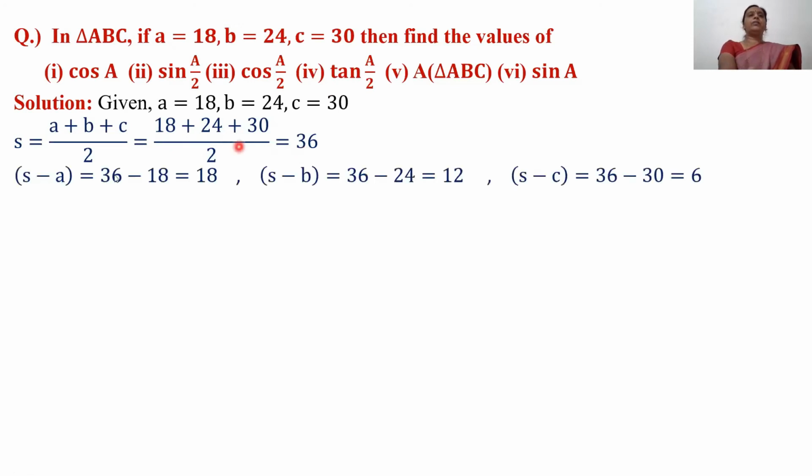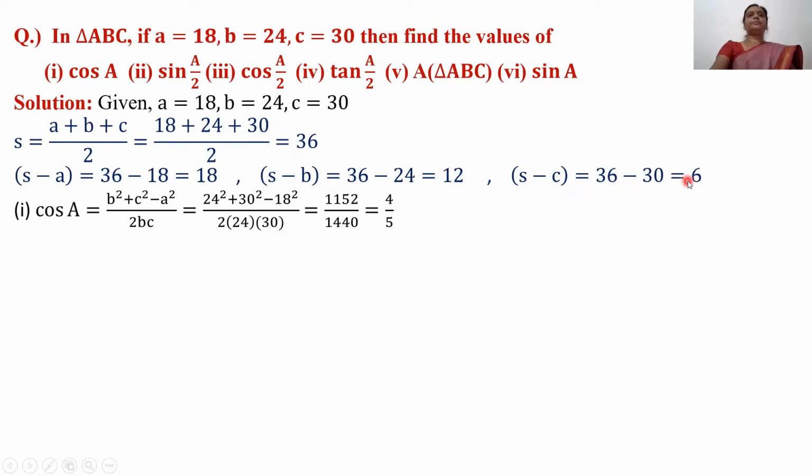Then we will find out the values of S minus A, S minus B, and S minus C. To find the value of S minus A, keep the value of S 36, A is 18, 36 minus 18 is equal to 18. S minus B is equal to 36 minus 24 is equal to 12, and S minus C, value of S is 36, C is 30, therefore 36 minus 30 is equal to 6.